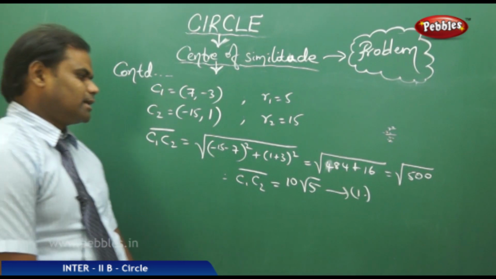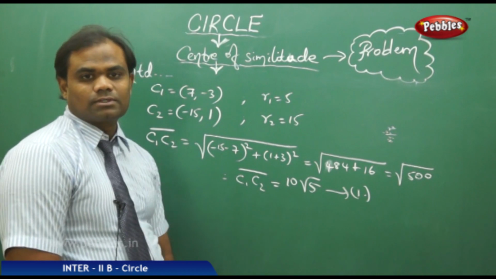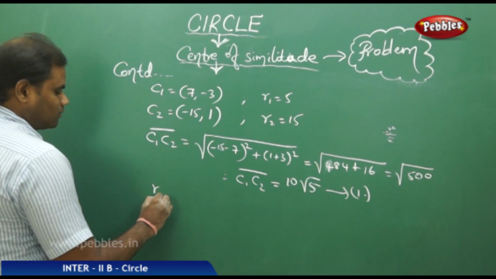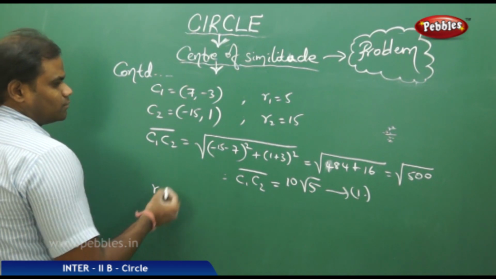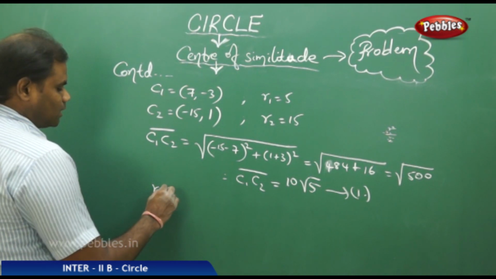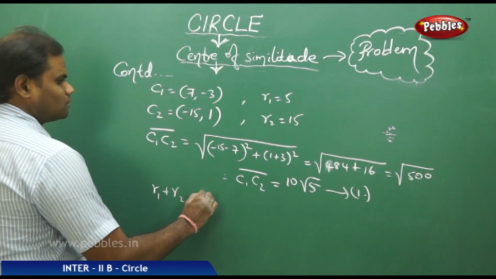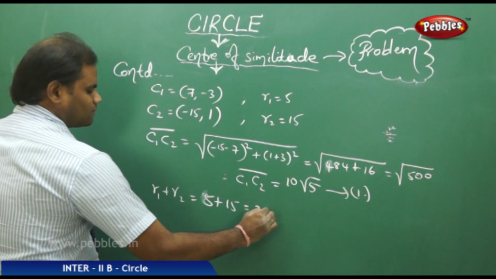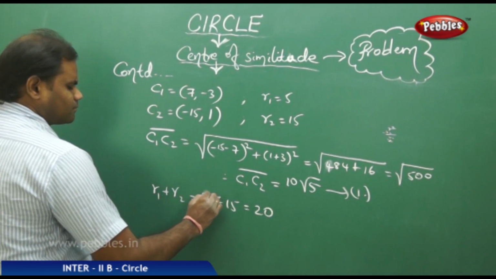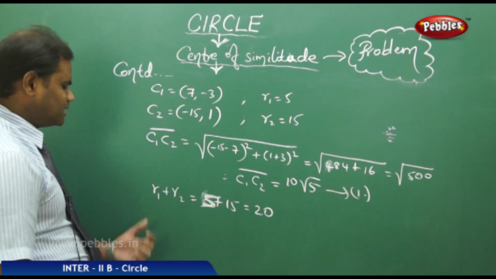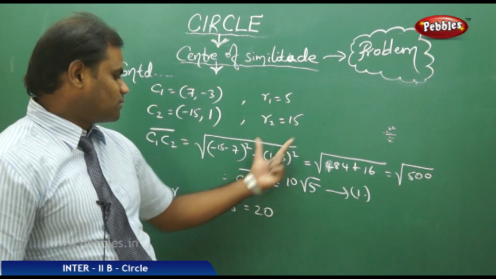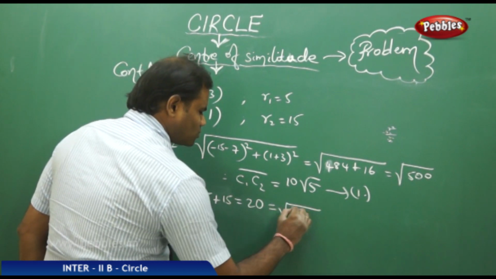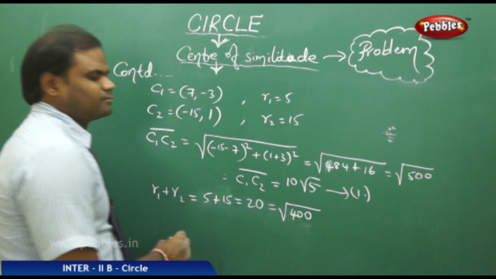So clearly I see that this is 10 root 5. And my R1, which is 5, and R2, which is 15, gives me R1 plus R2, which is 5 plus 15, which is 20, which in turn is equal to root of 400.